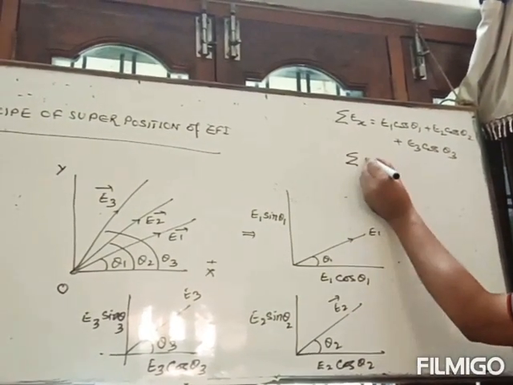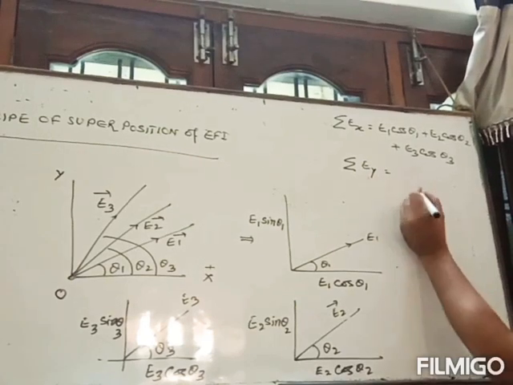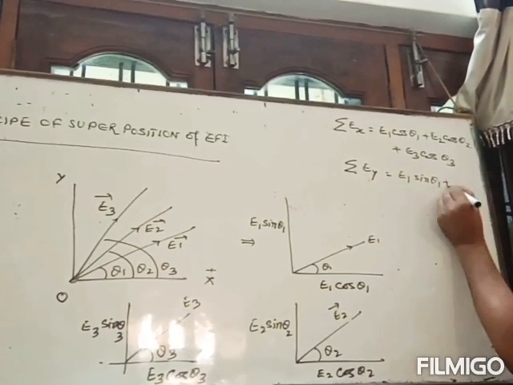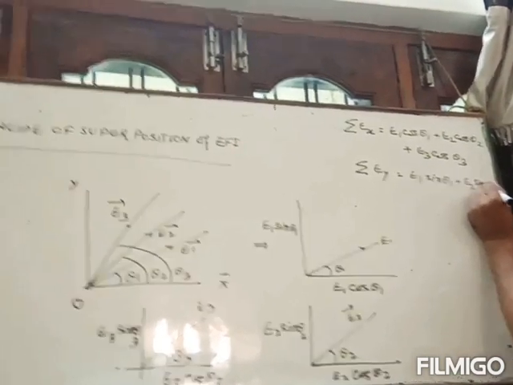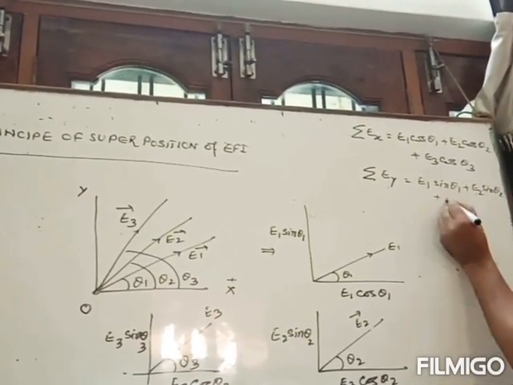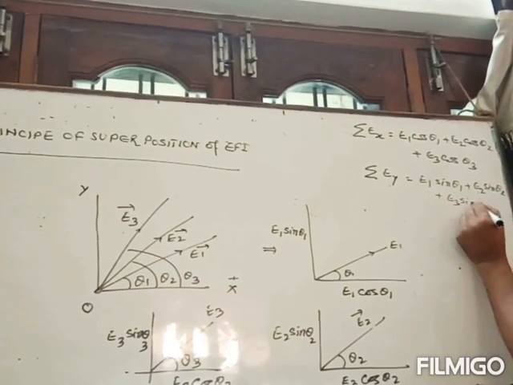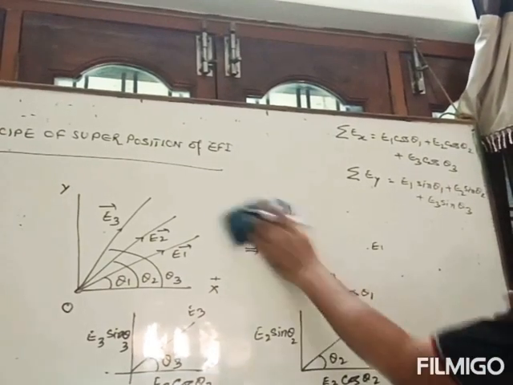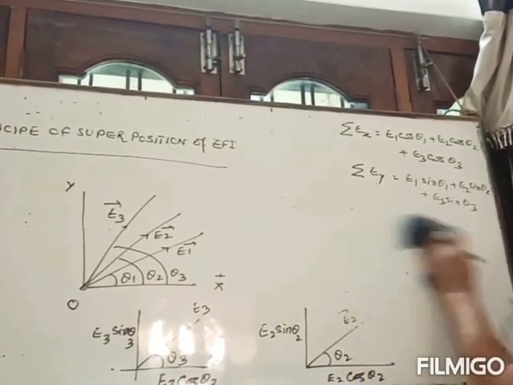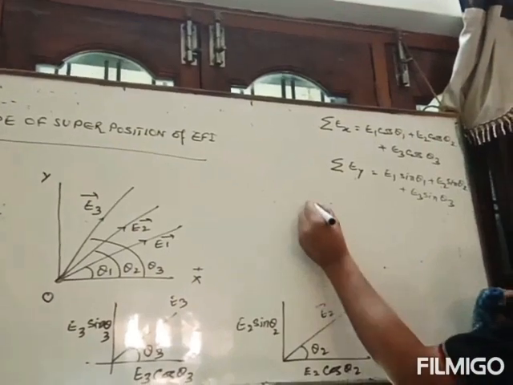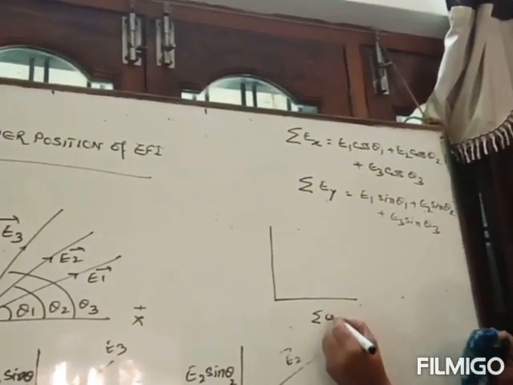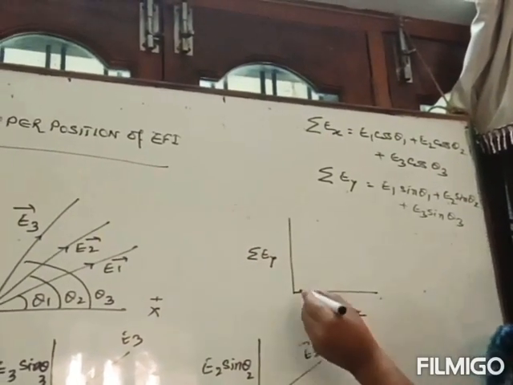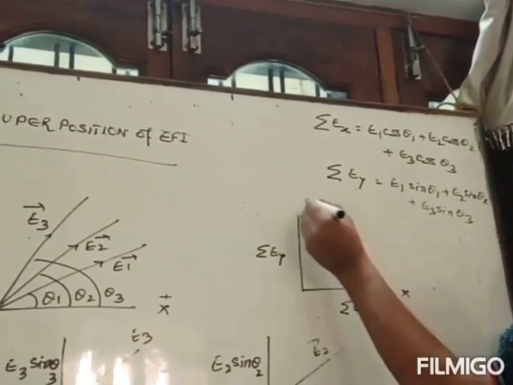Similarly, the sum of each vertical component, that is Ey, is E1 sin theta 1 plus E2 sin theta 2 plus E3 sin theta 3. So now we have two resultant components. One is summation Ex and the other is summation Ey. Here it is summation Ex and it is summation Ey. It is along the x-axis and y-axis.